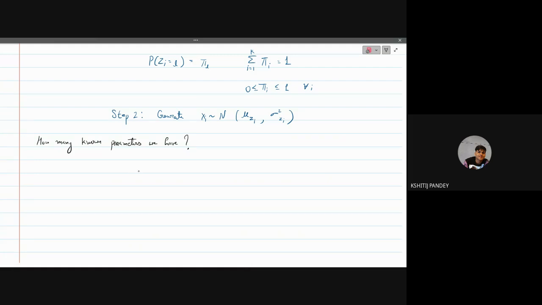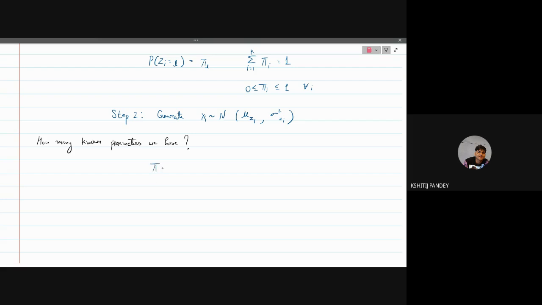So now we are looking at how many unknown parameters we have here.